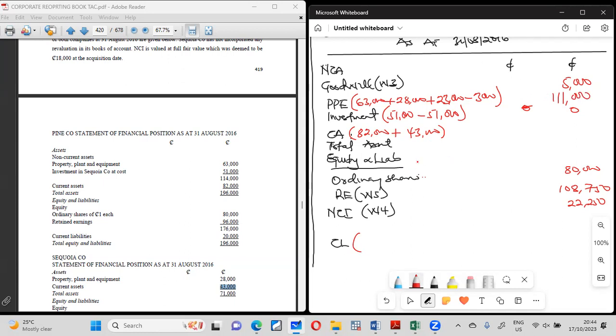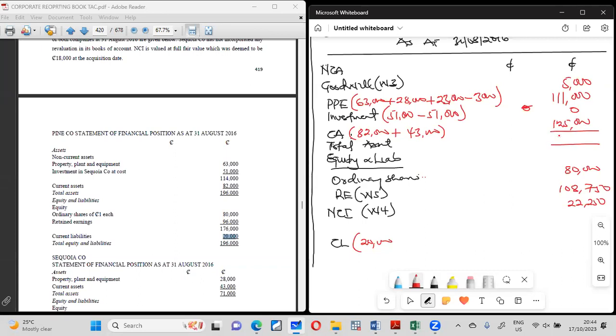Then get me the CA. As we also look at the current liabilities, which here is 20,000. The CA is 125. All right. Then we can total, right?